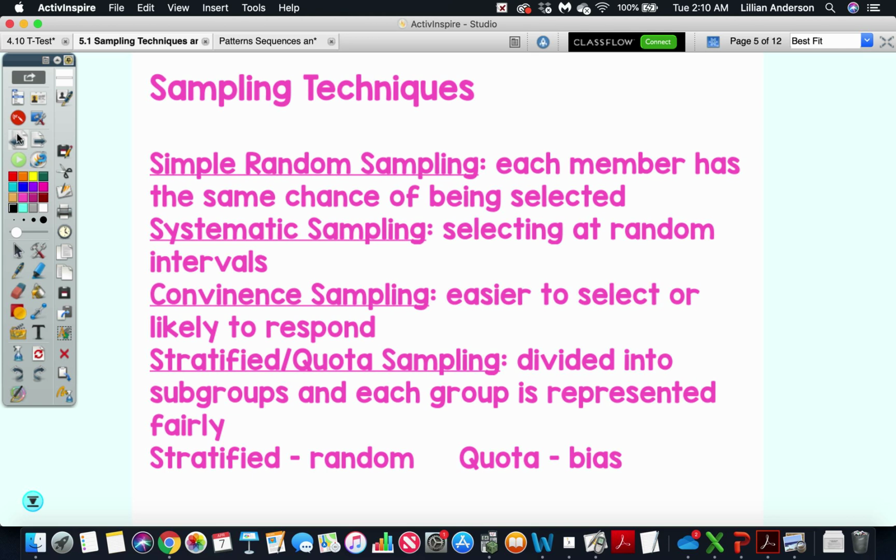The last 2, stratified and quota sampling, are useful when a population can be divided into subgroups, and each group is represented fairly. For example, let's say Mr. Saran wanted to collect opinions from the students about how digital learning is going.